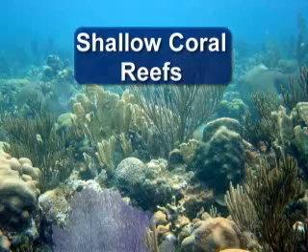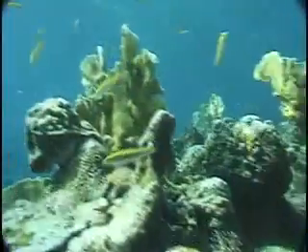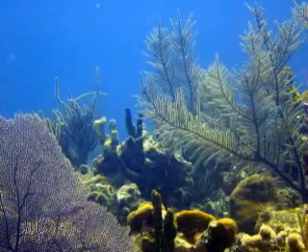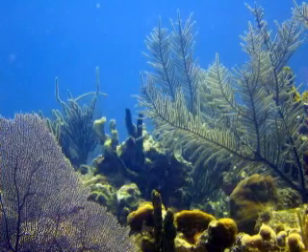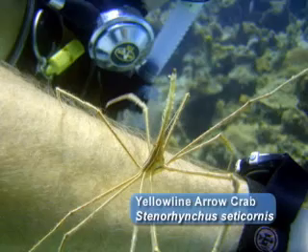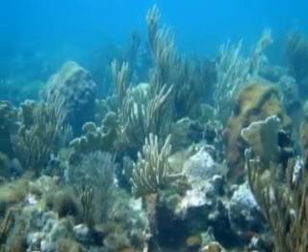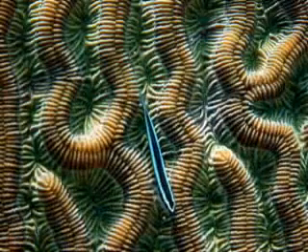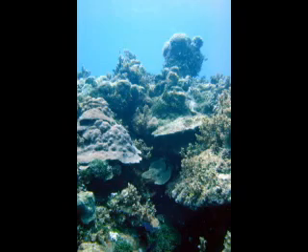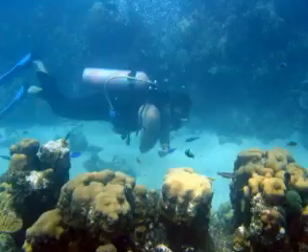Shallow reefs. Shallow water means lots of light. So there are lots of corals and food for fish, lobsters, and other animals. Shallow coral reefs have a lot of shapes, arms, pockets, holes, and hiding spots.